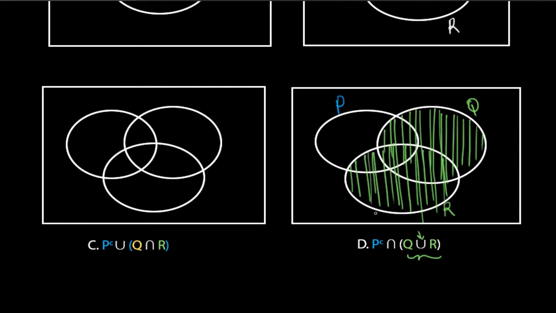While P complement, we want to find the intersection of the complement of P. Now what is P complement? P complement is any region that lies outside of P. So the region that lies outside of P is this. See the way I'm curving it out of P. All the region that lies outside of P, they are the ones we are taking.